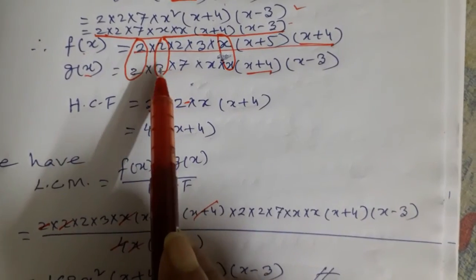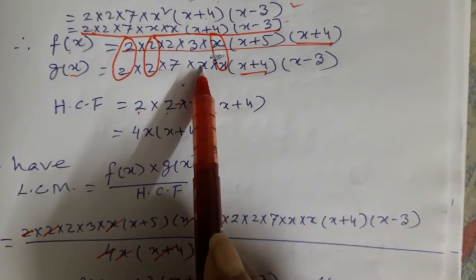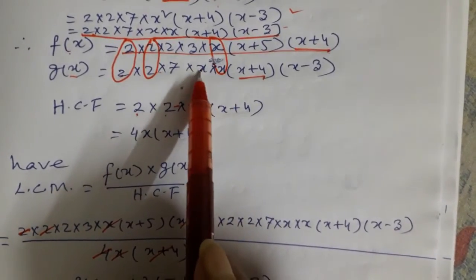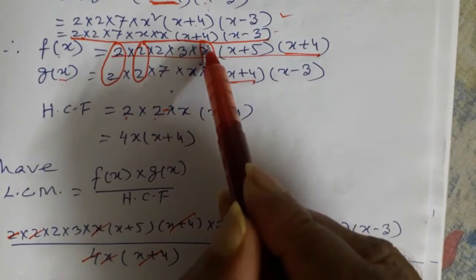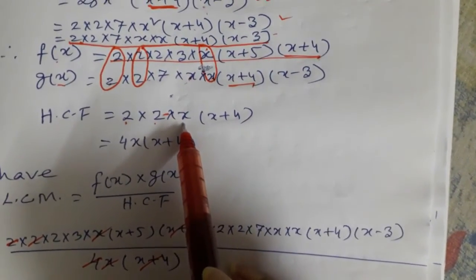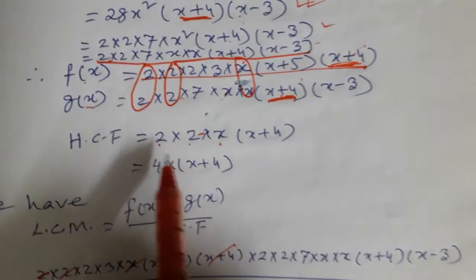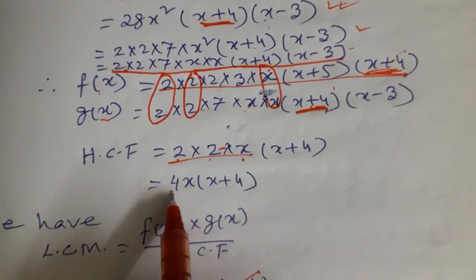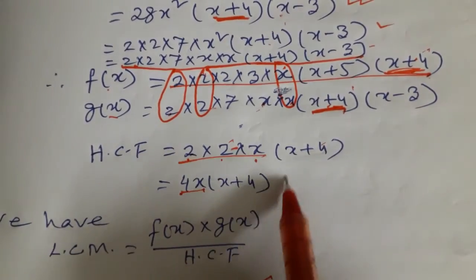Here also 2 and 2 are common, so we have taken here. Here is x, but there is no other x, so we cannot take it, but this x and x are common, so we have to take here. And another term is x plus 4, here is x plus 4, so out of 2 we can take 1, just multiply this portion, so it is 2 into 2, 4x into x plus 4.